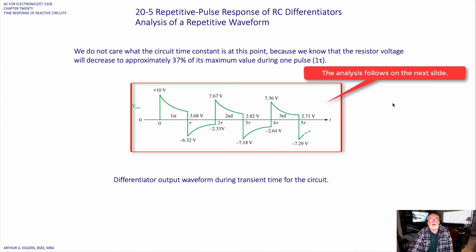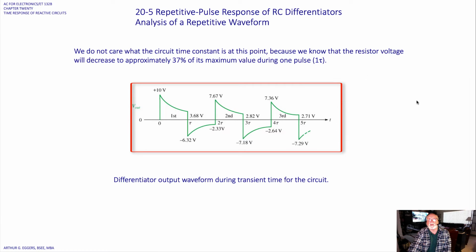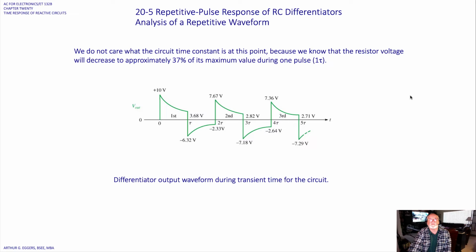We do not care what the circuit time constant is at this point because we know that the resistor voltage will decrease to approximately 37% of its maximum value during one pulse or one time constant. So the differentiator output waveform during the transient time for the circuit looks like this.